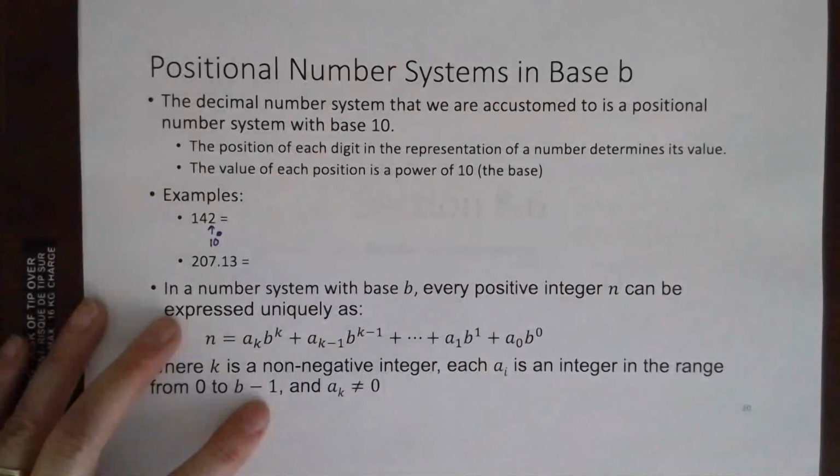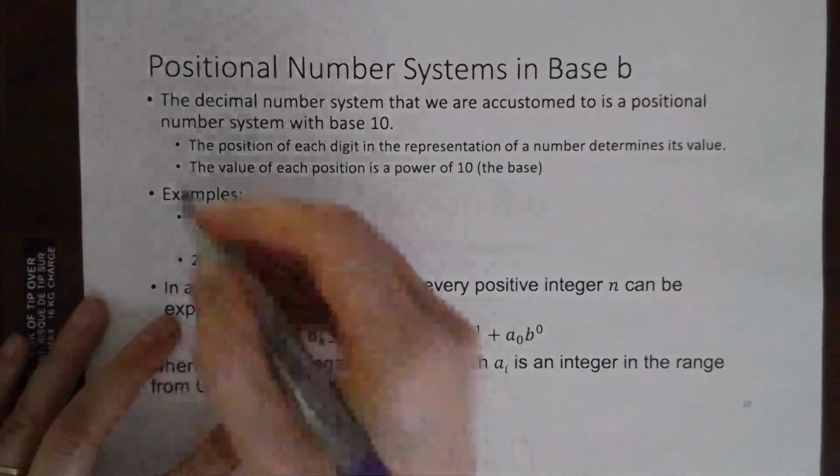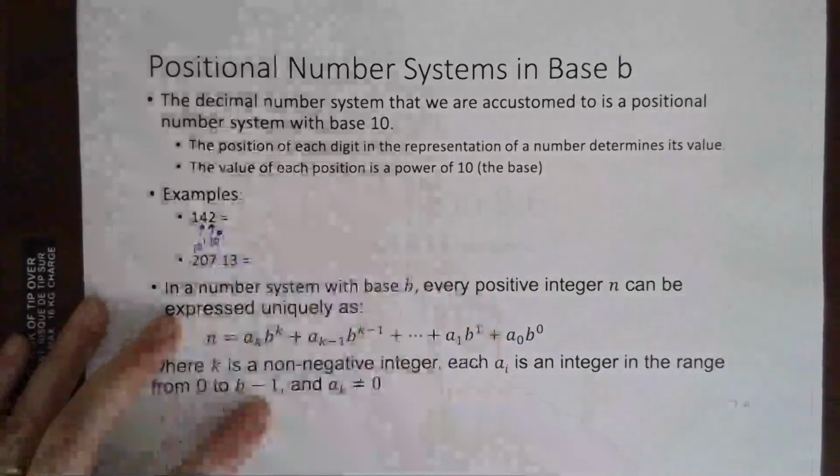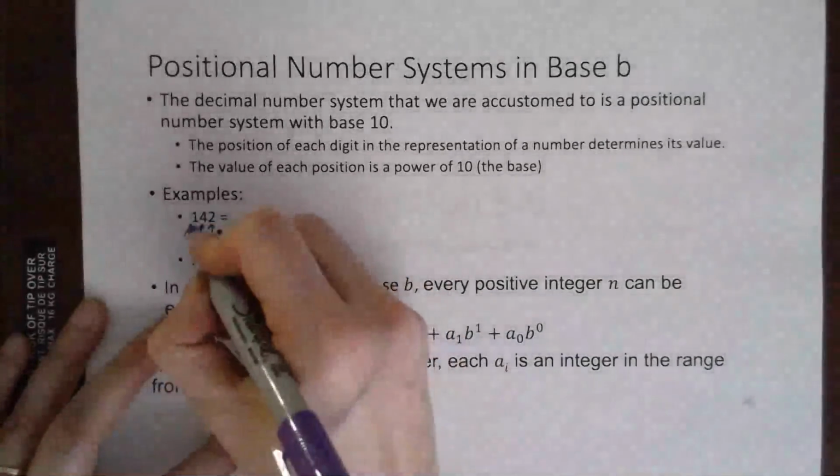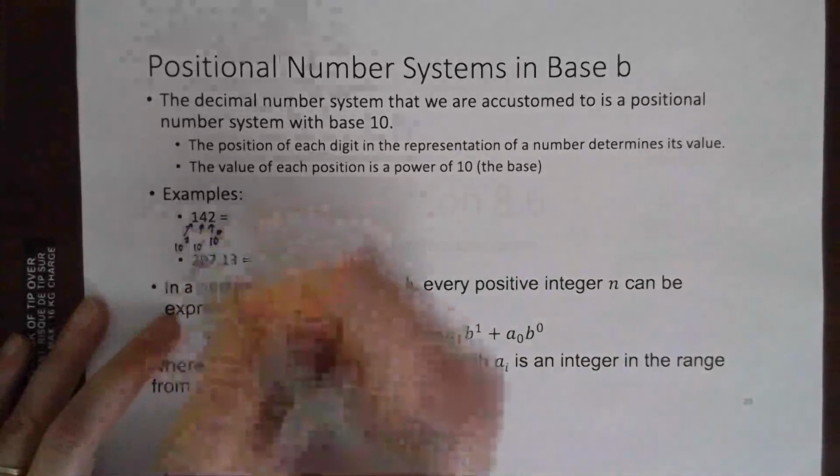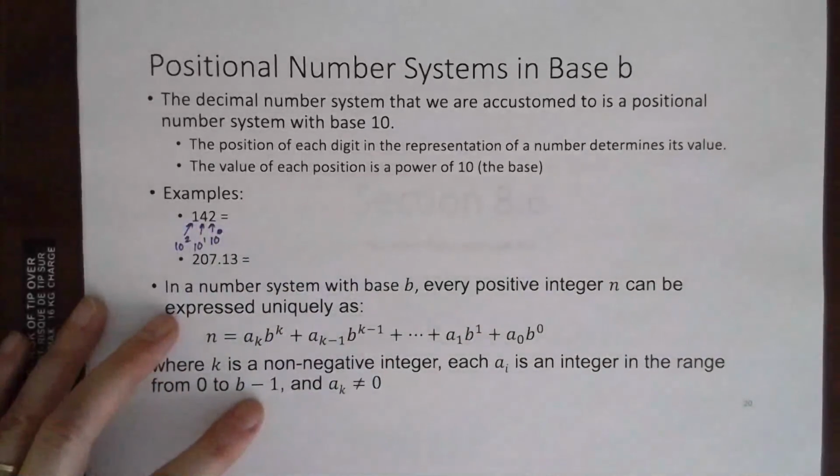The 4 is in the tens position, which has a lot more weight than the ones position. This one has a weight of 10 to the first. And the 1 over here is in the hundreds place, which has a weight of 10 squared.